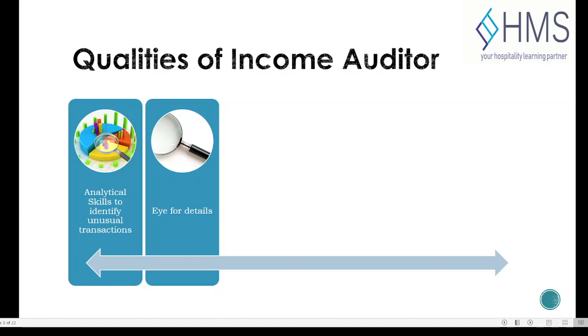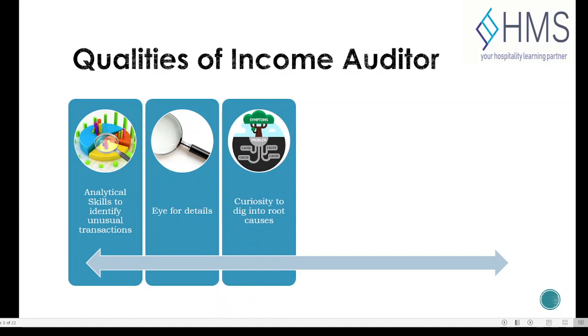Even the seconds or minutes when the check is posted and closed make a difference, and the cash posting into the system makes a difference. So they have to be very detail oriented and check each and everything in detail. And then they should be curious to know what's wrong, why it is a problem, and how we can fix it to prevent repetition in future.